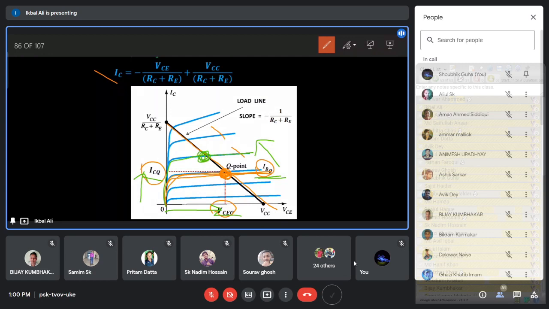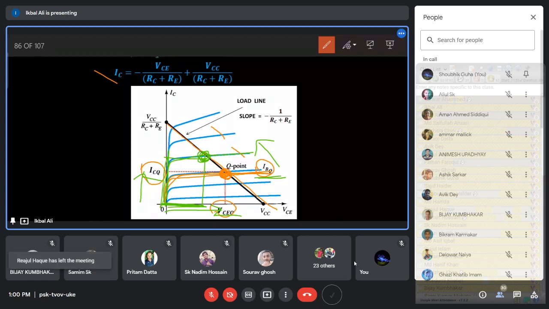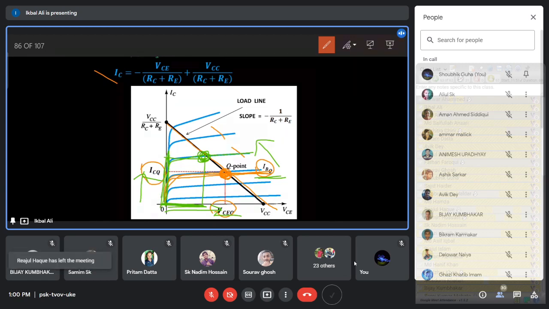Then this is your y coordinate and this is your x coordinate at that base current. That means that much collector current will flow and that much collector emitter voltage will be present across the transistor.